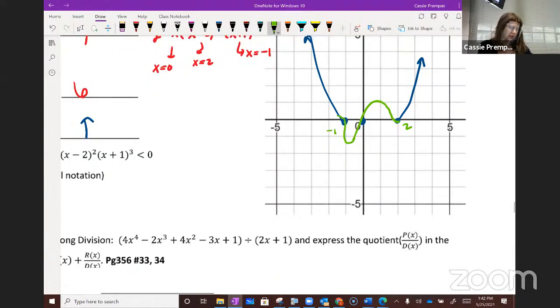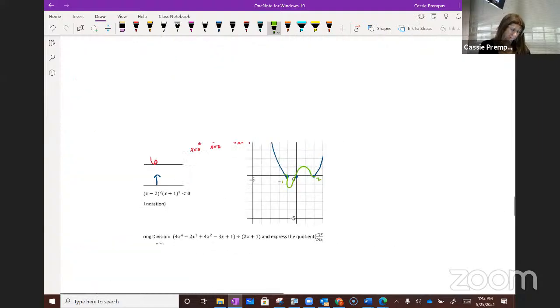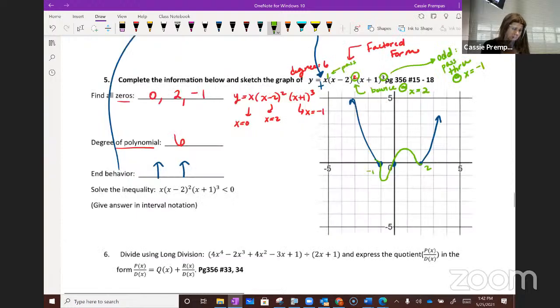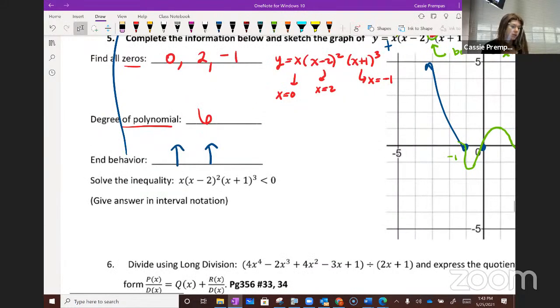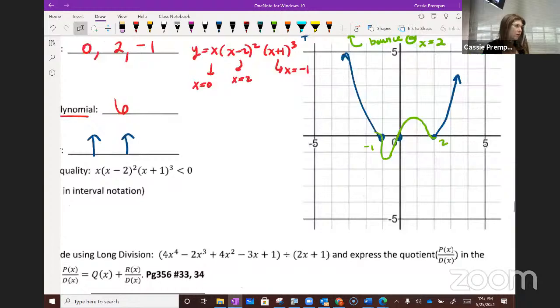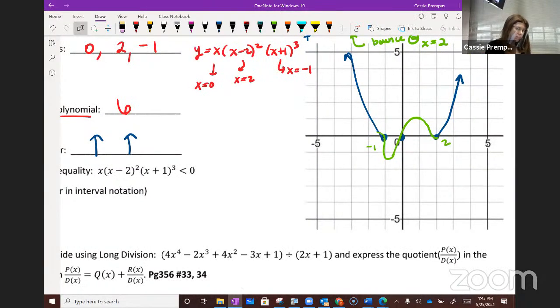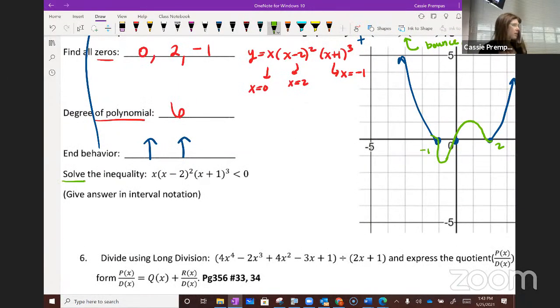All right, let's see if we can do this critical thinking question. Solve the inequality: x times (x minus 2) squared times (x plus 1) cubed has to be less than 0. Remember, when you're solving, you're asking what are the answers for x. Let me see if I can give you a hint. You just graphed this for y.